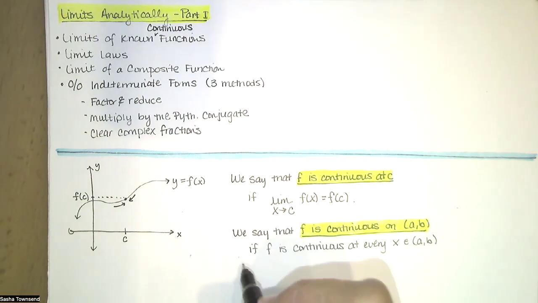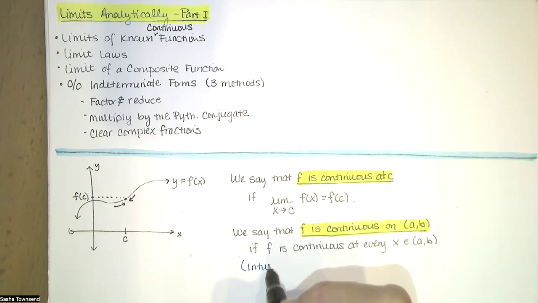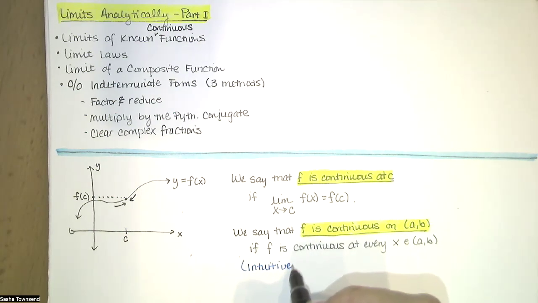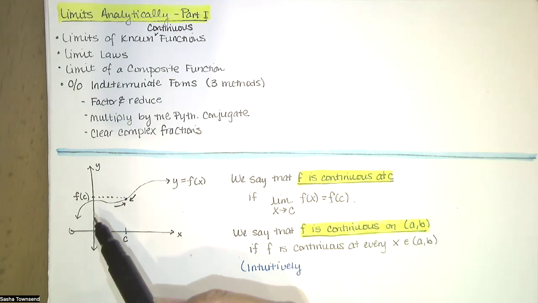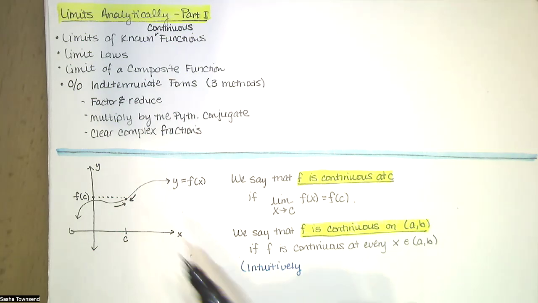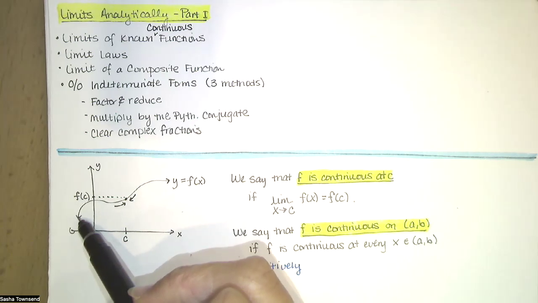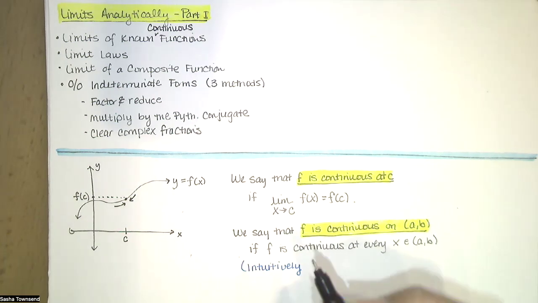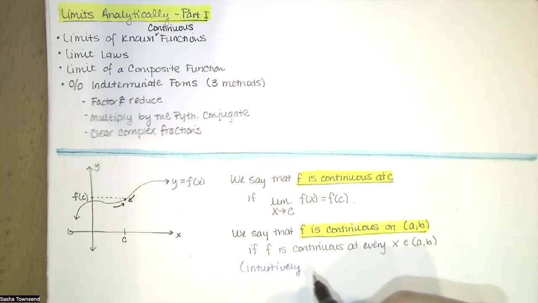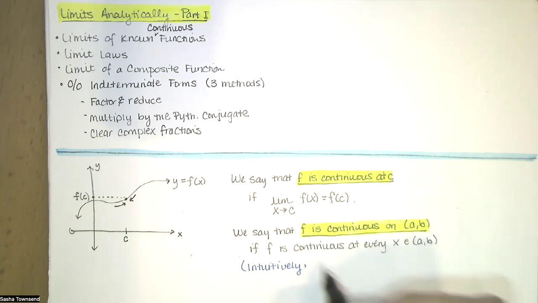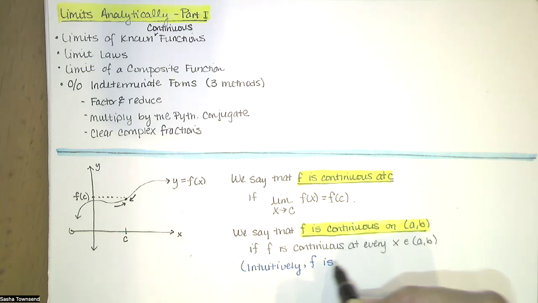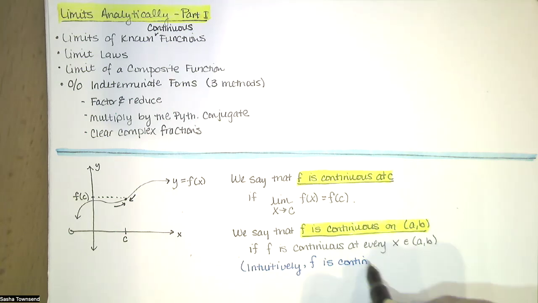Intuitively, we say that f is continuous on an interval from a to b if we can draw the graph of f without picking up our pen. So I can start at the beginning and then just keep going to the end, and I don't ever have to pick up my pencil or pen. If that's the case, then we say that f is continuous on that interval.